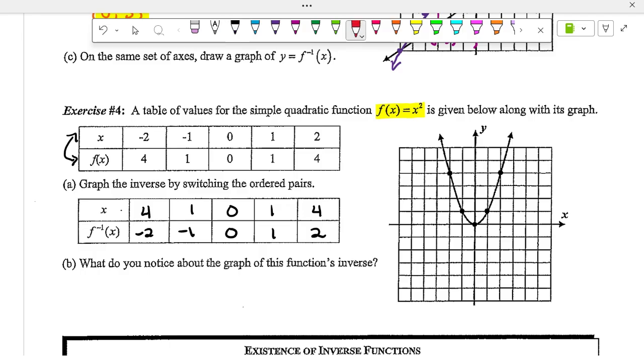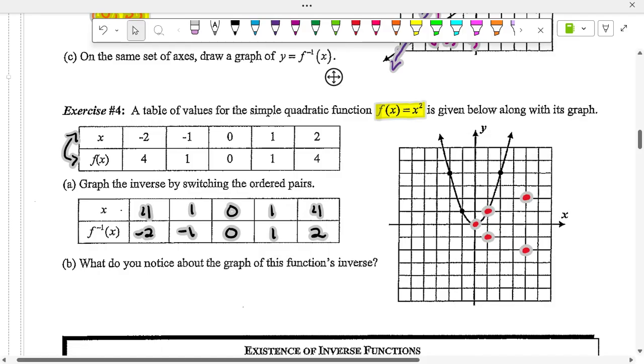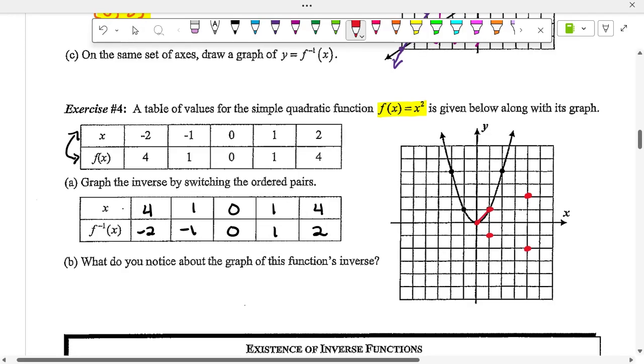If I graph this, which technically will not be a function, but whatever. So I have 4, negative 2, and 4, 2. 1, 1, 1, negative 1, and 0, 0. So my graph looks like this. It is rotated.